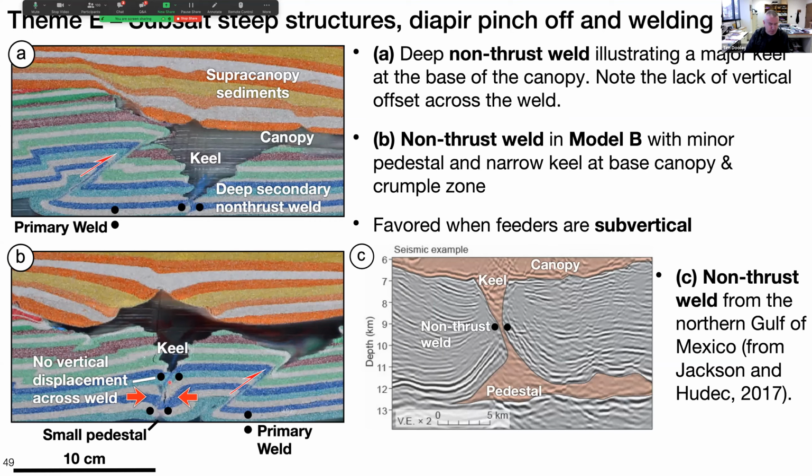There is little or no vertical offset, and these structures are favored when our feeders were upright. And here's an example here.